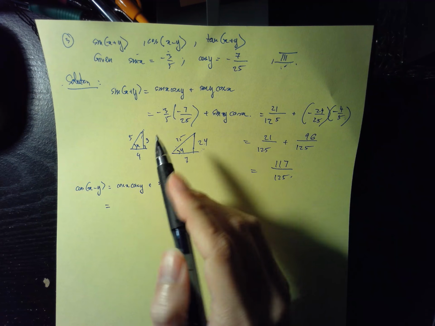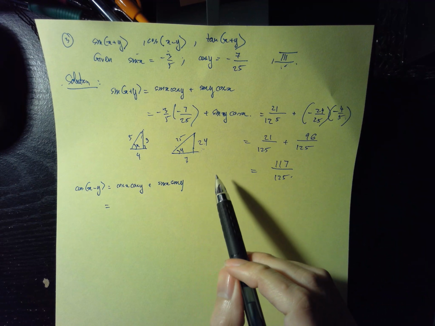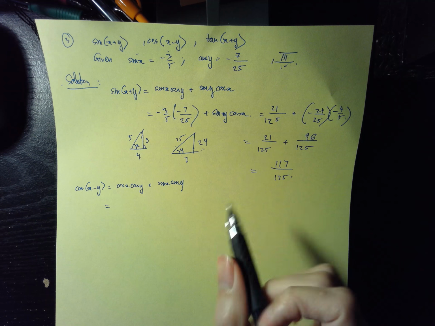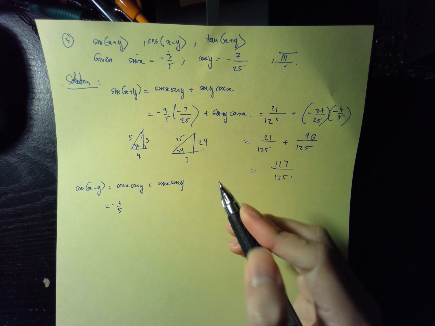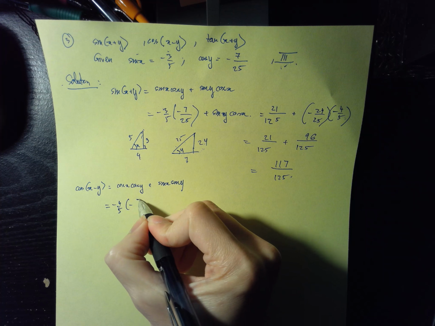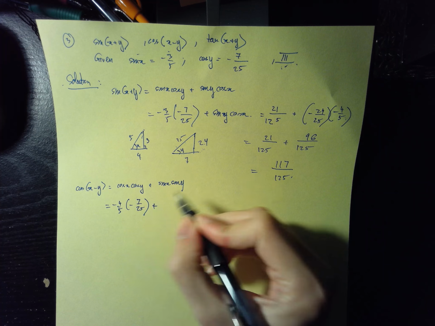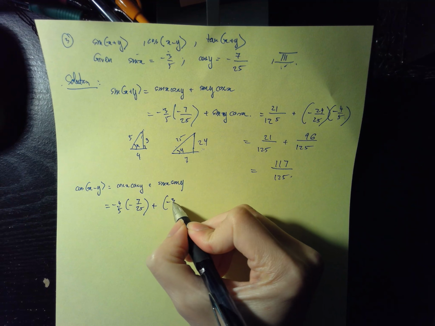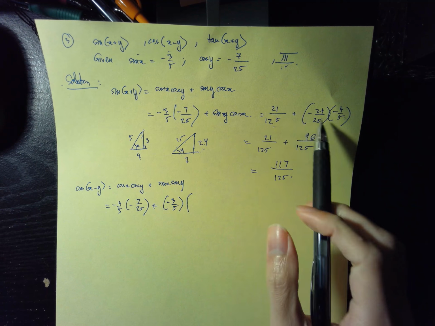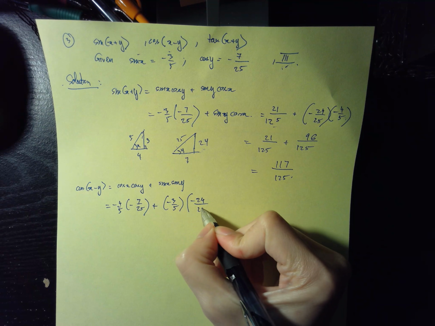So cosine of x, we just calculated it out right here. Cosine of x is negative 4 over 5. Cosine of y is negative 7 over 25, plus sine of x. Sine of x is negative 3 over 5. Sine of y is negative 24 over 25.